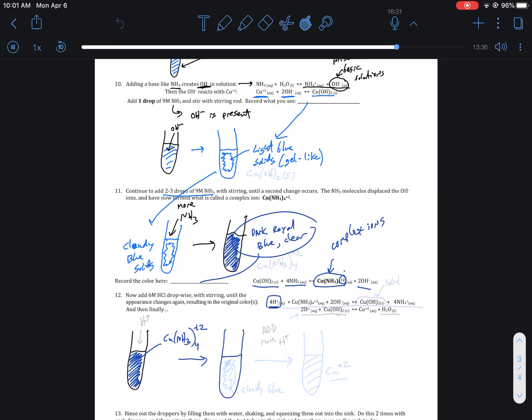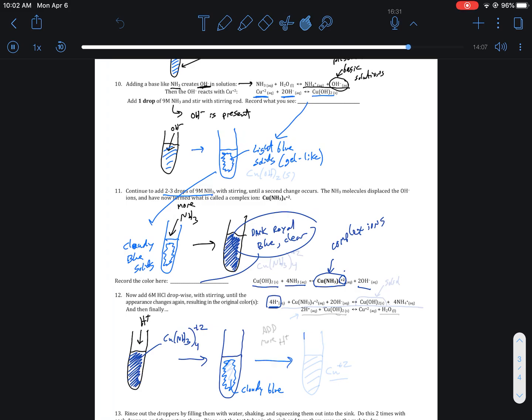So this, after adding H+, becomes this. And that's just after adding a little bit of H+.